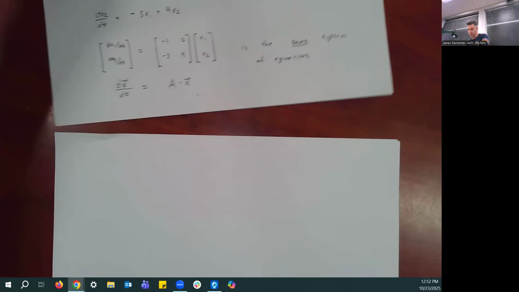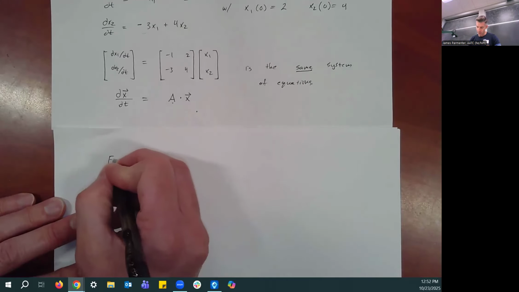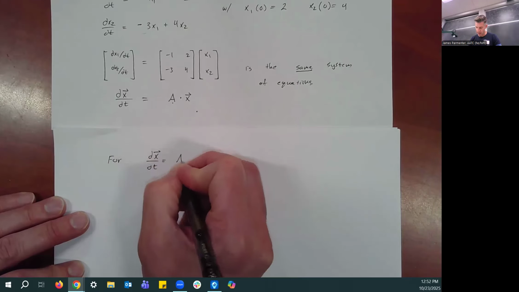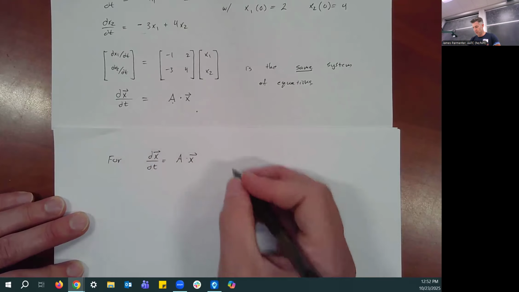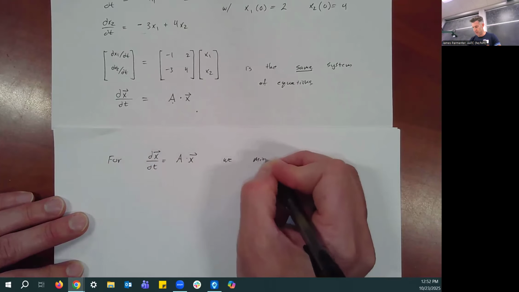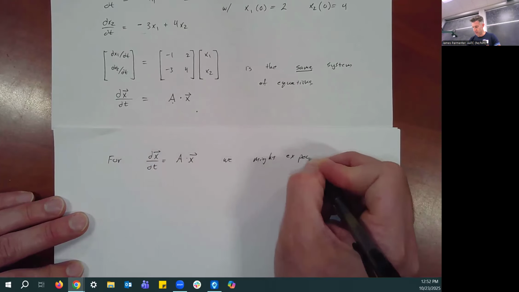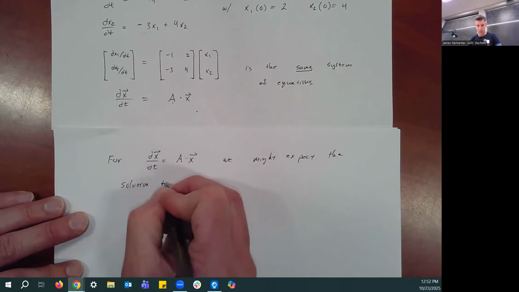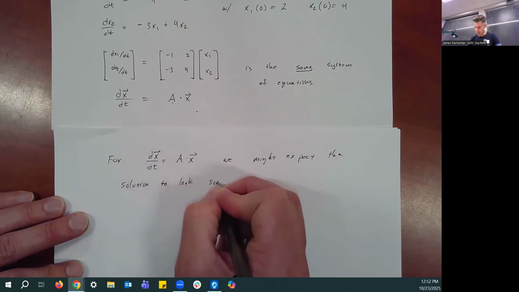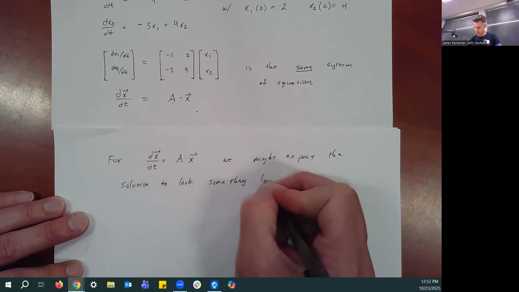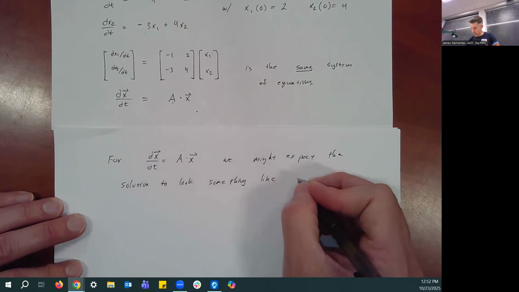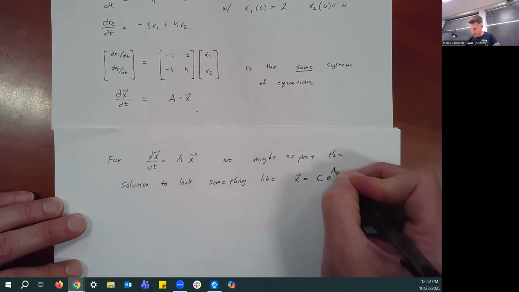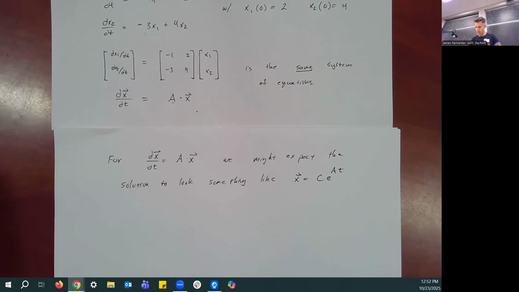So for this equation, dx/dt equals A times x, we might expect the solution to look something like x equal to a constant times e to the A times t, right?